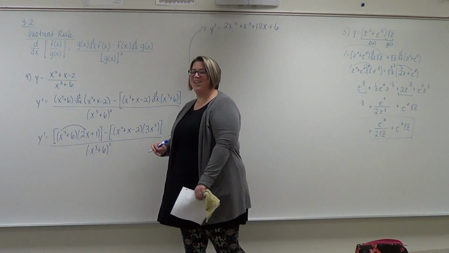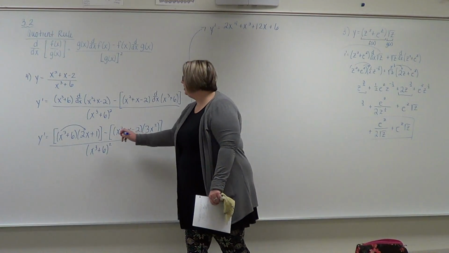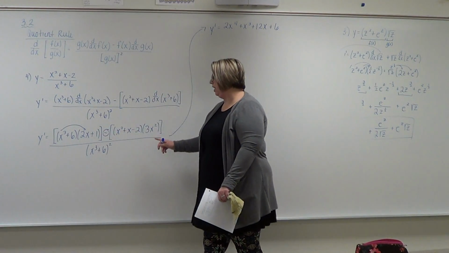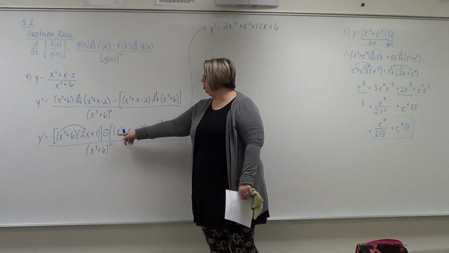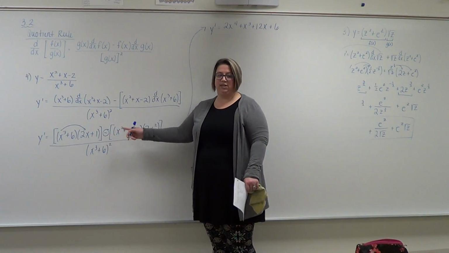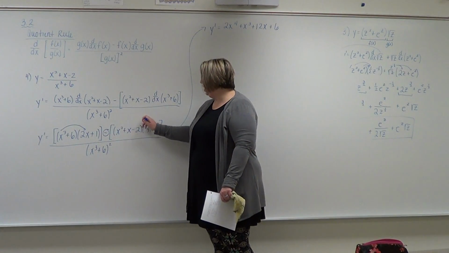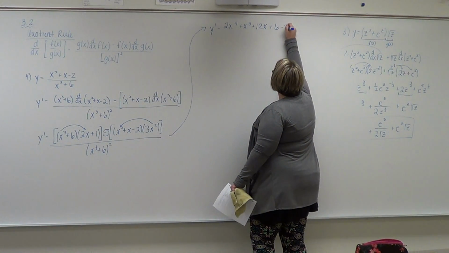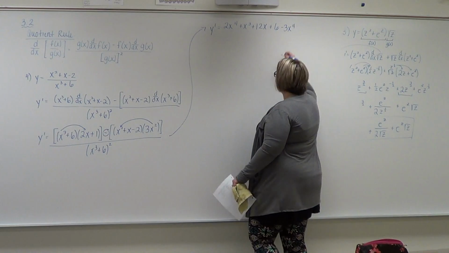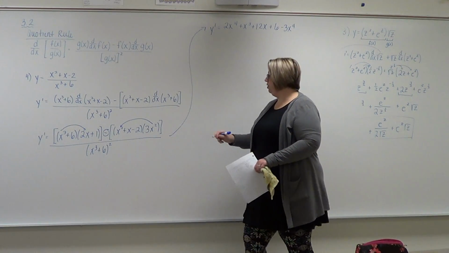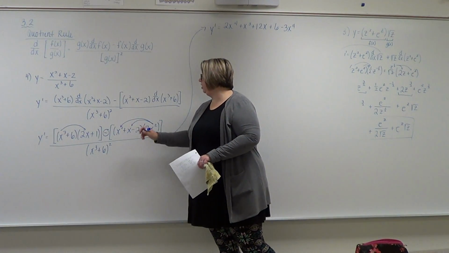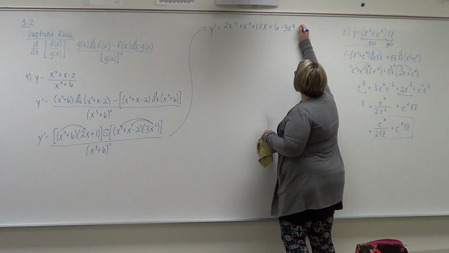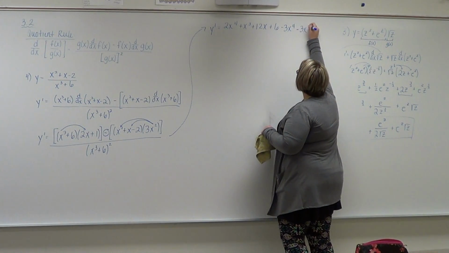So I'm going to keep going. Now you know how there's this minus sign here? This minus sign means when I distribute this, make sure you make everything negative, or if it's negative, it turns positive. So 3x squared times x squared is 3x to the 4th, but this would be minus 3x to the 4th. 3x squared times x is 3x cubed, that's going to be minus 3x cubed.